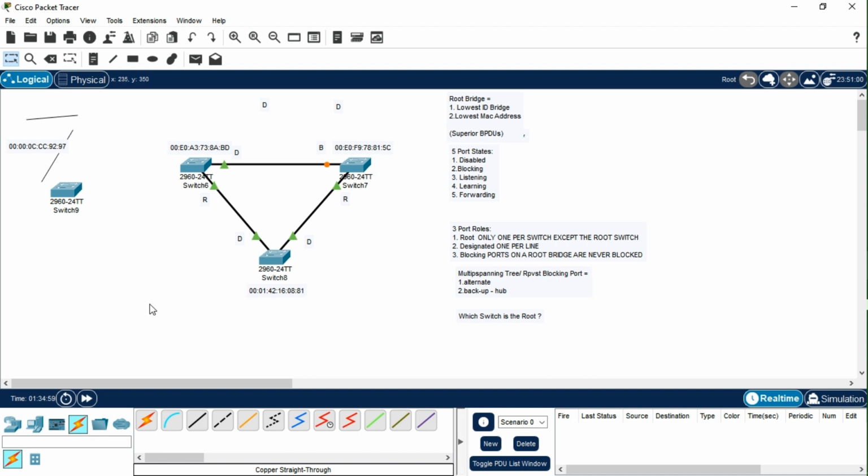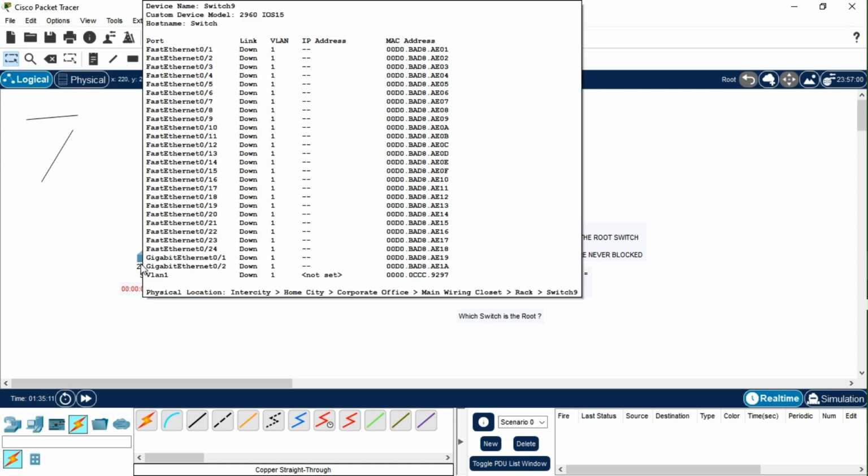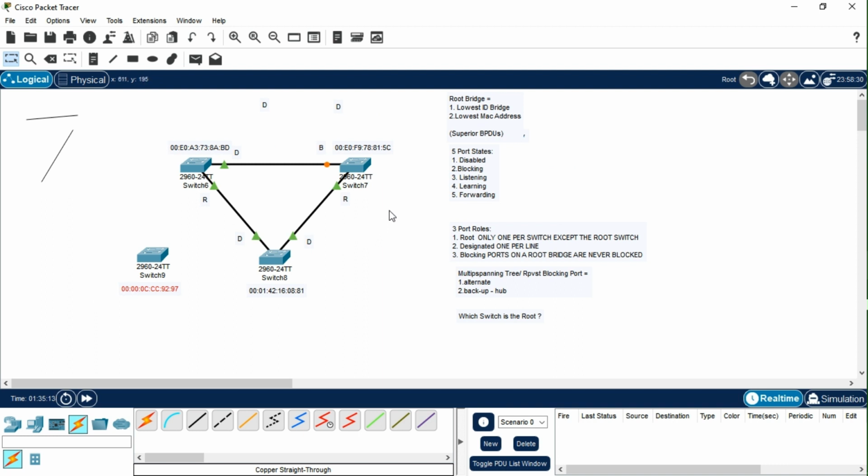I want to go ahead and play a game with you guys, the what if game. So we have this switch. And this switch we know has a superior BPDU because this MAC address is lower than this MAC address. If this switch is the root switch and you introduce a new switch into this topology with a superior BPDU, that means this is now going to be our root switch.